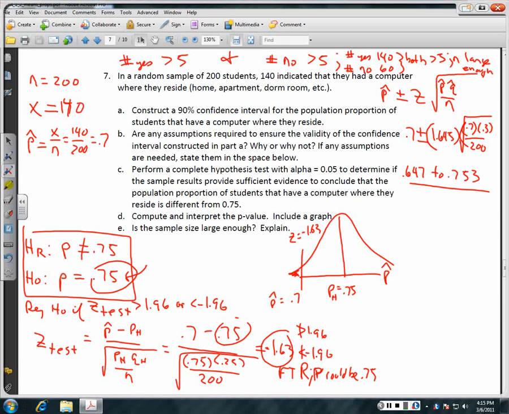And I have a z-table here. I know I do, I just have to find it. So for minus 1.63, .0516.